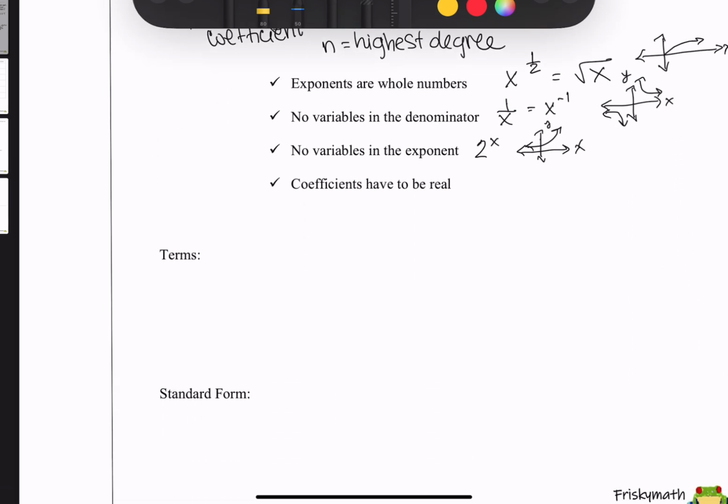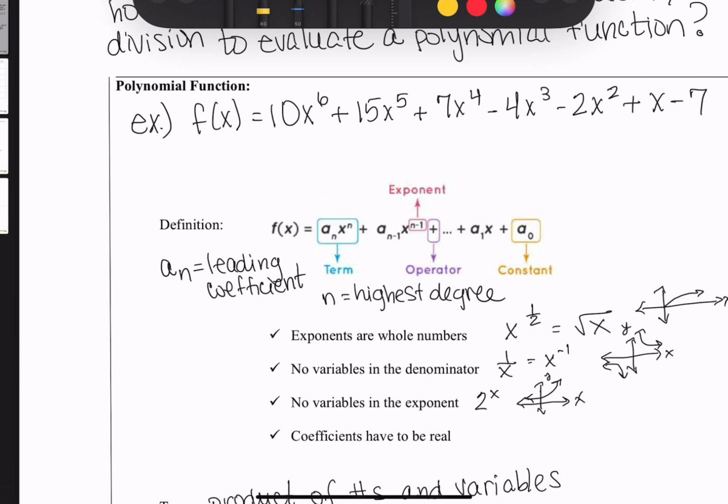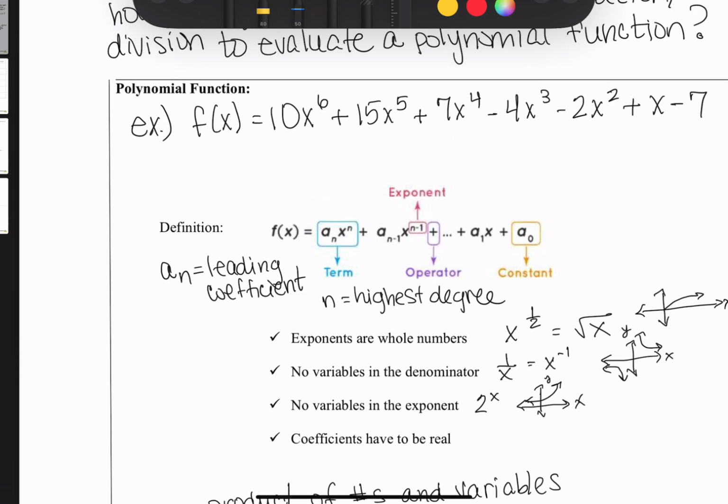All right, terms. Hopefully you already are pretty familiar with this, but terms are the product of numbers, which we usually call the coefficients, and variables. In the function above, my example, how many terms do we have? Let's see, we've got our first term here, a combination of a number, which is 10, and a variable, x to the 6th power.